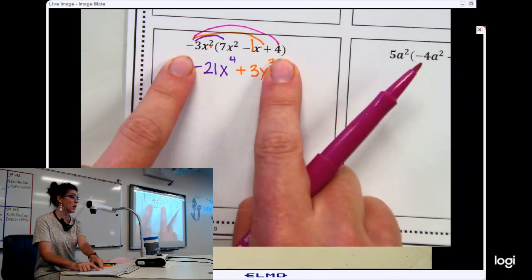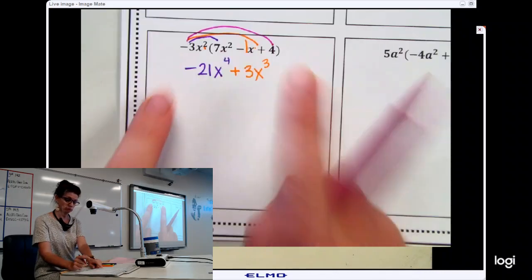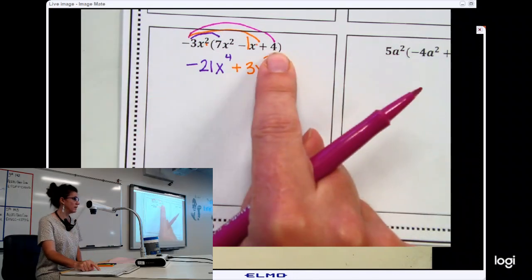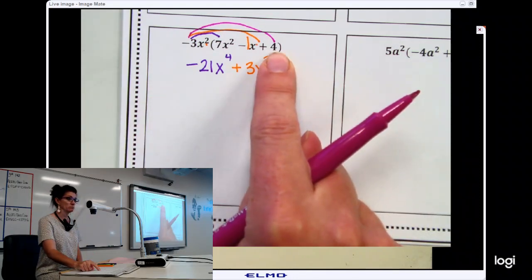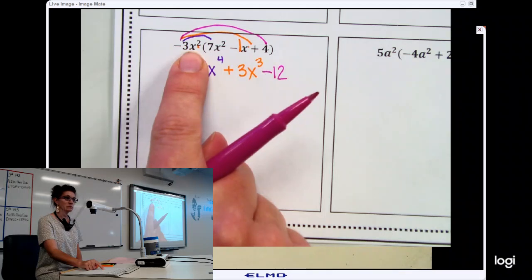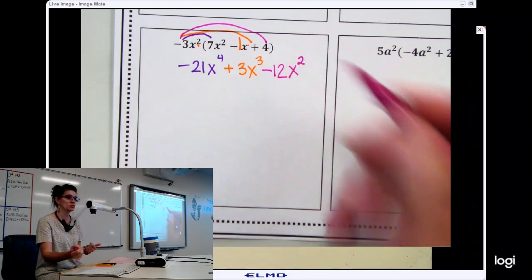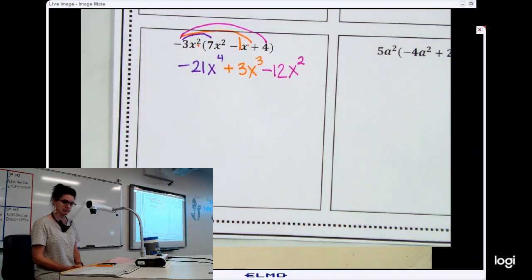Negative 3 times a positive 4. Negative 12. What do I do when that one doesn't have a variable over there? It's 1. Yeah, so that just stays the same. It's a good way to look at it, Megan. It's just 1, right? I like it.